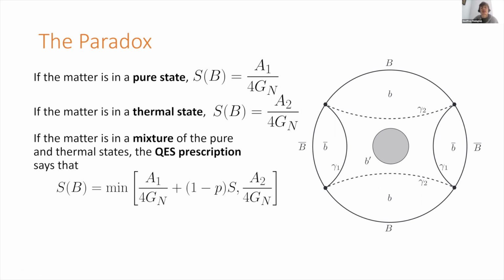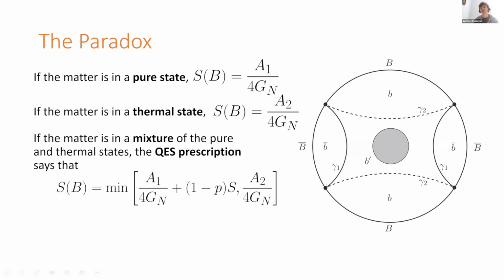But now we're going to consider a third state. And this third state is just going to be a mixture of the pure state and the thermal state. Some probability P of being pure, probability 1 minus P of being thermal. We'll assume they're both sort of order 1 quantities. Okay, so let's apply the QES prescription. Well, the generalized entropy of this dashed surface is still just A2 over 4G. There's still no contribution from quantum corrections.